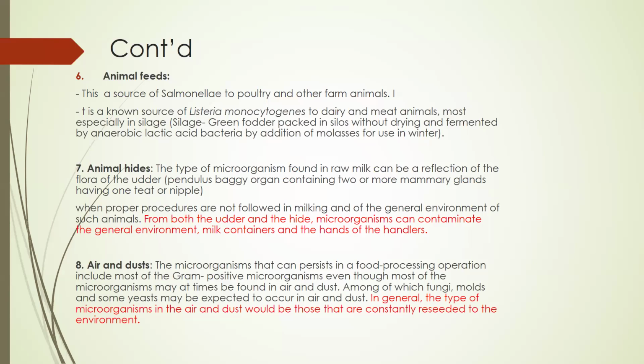Over here, we give our animals either the dry grass or green grass to eat. But in the Western world, they usually have silos where they keep their green fodder. If it is not properly dried and kept, it can be infected. So by the time the animals or birds take this food, they get infected. If human beings consume these animals without proper cooking, then the human being also gets infected.